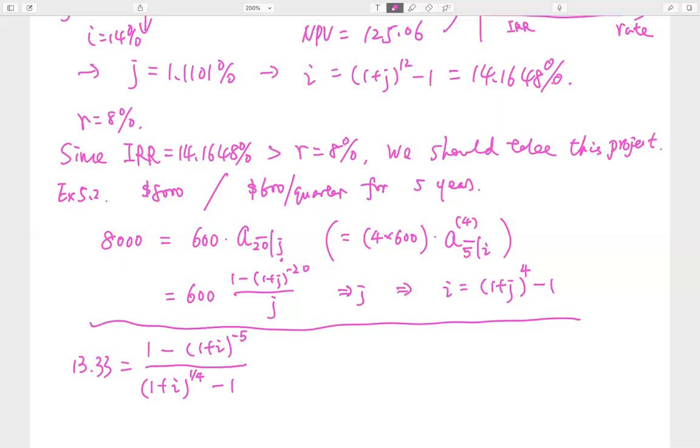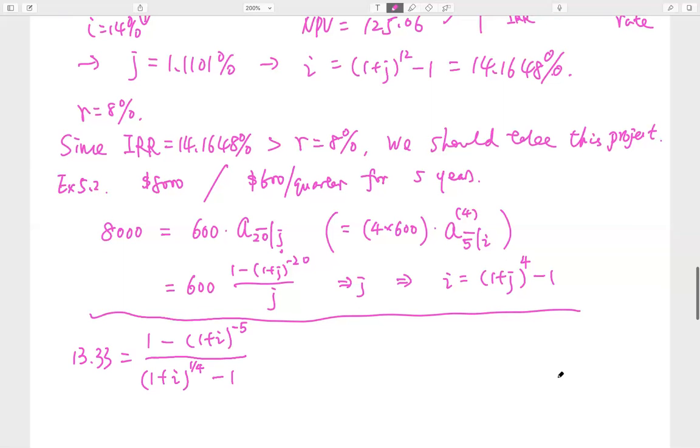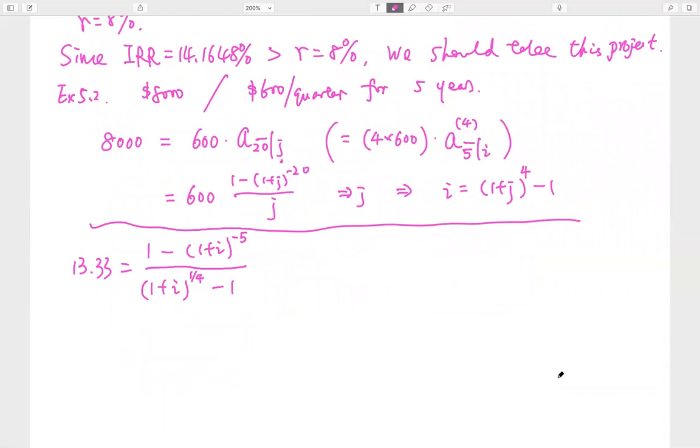By the way, this is j. I know once i goes up, the value would go down. So I try i 16%. Then my right-hand side would be 13.86, which is greater than my left-hand side. So it's bigger, and I will need to take it down. In order to take the right-hand side down, I will need to increase the interest rate to 17%.